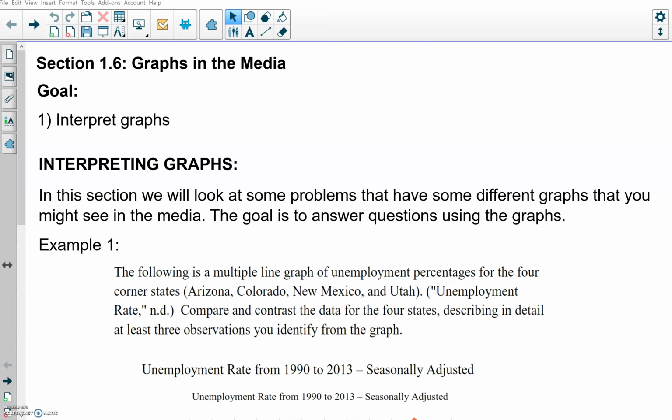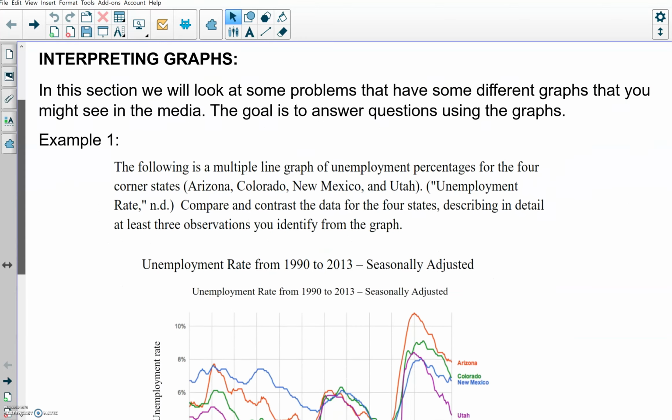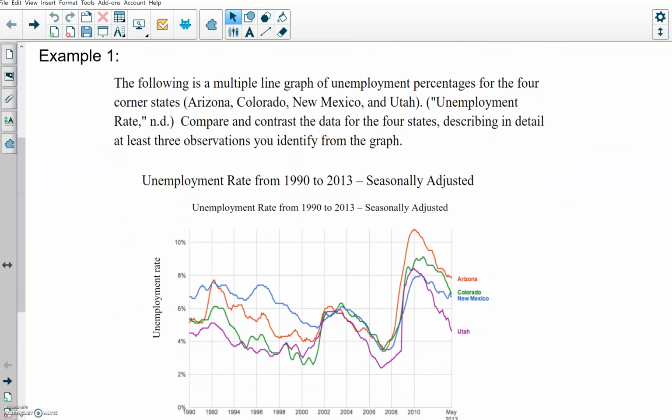So in this first example, we're just going to jump straight into it. Example 1, you've got this graph, and it's a multiple line graph, as they call it. You've got these different lines going through the different years at the bottom, and it's representing the unemployment percentages for the 4 corner states: Arizona, Colorado, New Mexico, and Utah.